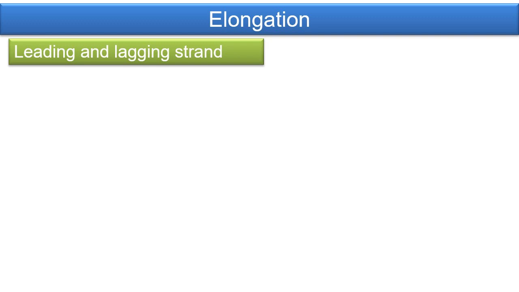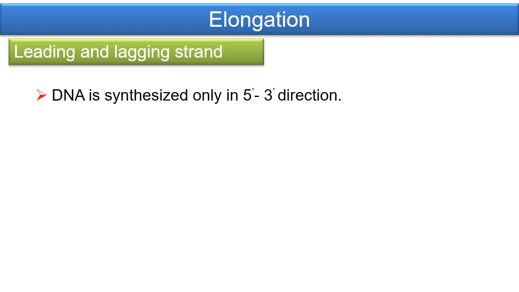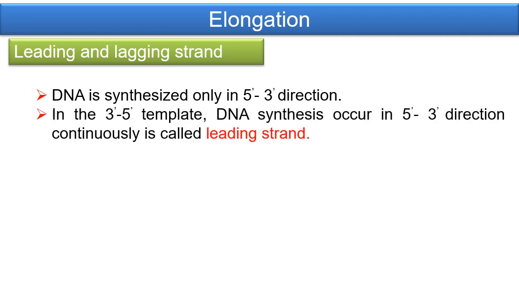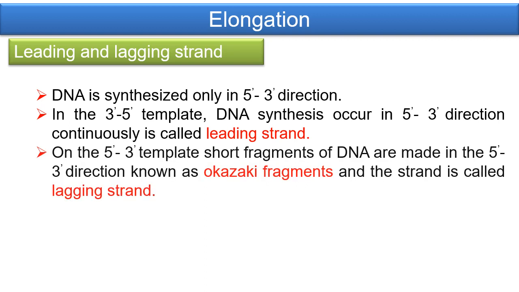What is leading and lagging strand? DNA is synthesized always in 5 to 3' direction and not in 3 to 5' direction. So for 3 to 5 prime template there is no problem, and DNA polymerase can add bases in 5 to 3 prime direction continuously. This is called the leading strand. However, problem arises for 5 to 3 prime template, as DNA polymerase never adds bases in 3 to 5 prime direction.